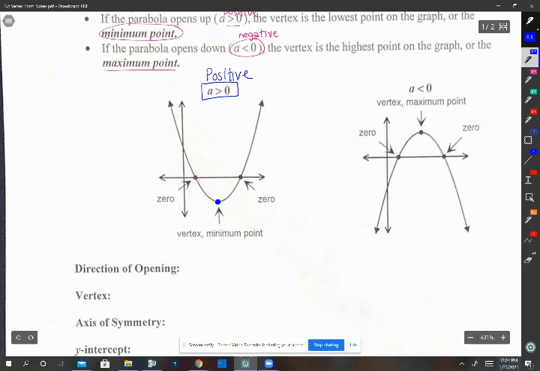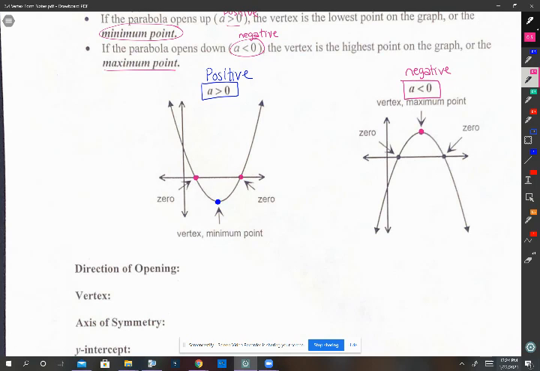And these are your zeros or your x-intercepts, okay? It depends on what they call them. They might call them the solutions, they might call them x-intercepts, they might call them the zeros, kind of up to you, or up to whoever's asking. So if a is less than 0, which means your number is negative, then you have a maximum point, your highest point.